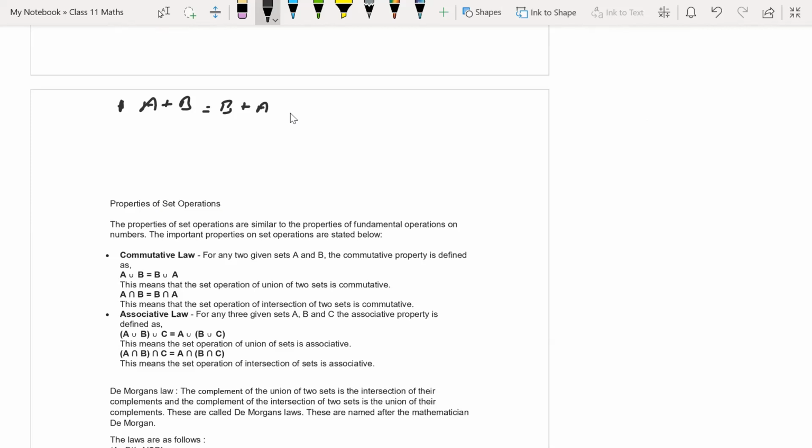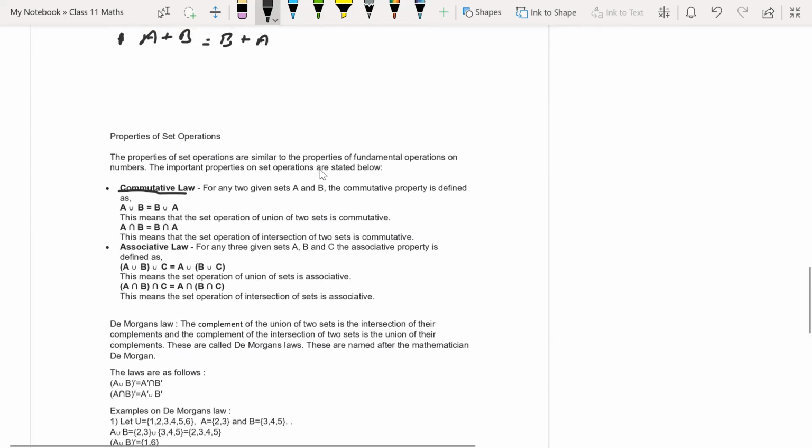Similarly, these properties are also applied on the set operations. Let's consider the commutative law first.